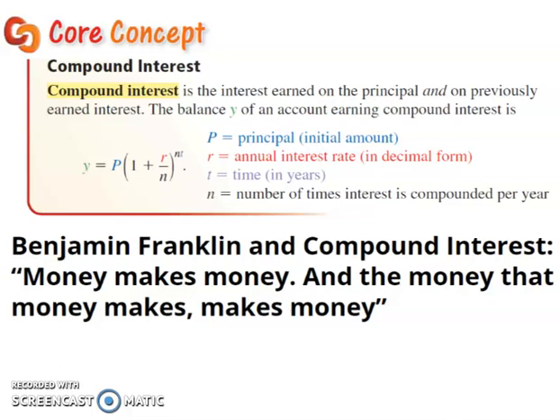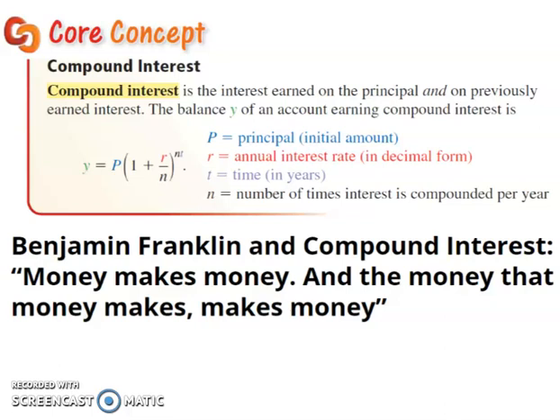Y is equal to your principal amount times 1 plus r over n, where r is the annual interest rate in decimal form, divided by the number of times the interest is compounded per year. Then all that is raised to the power of n times t, which is the number of times the interest is compounded times the time in years.